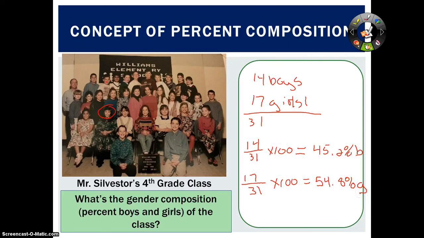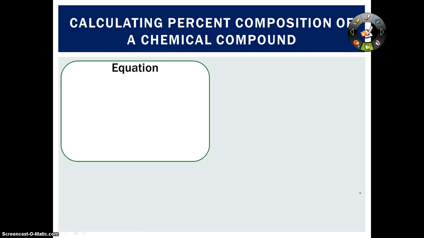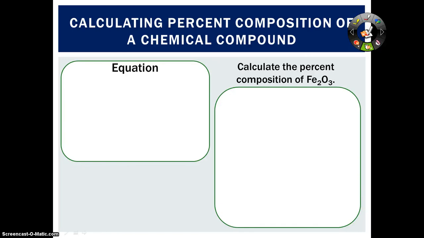girls. When we talk about percent composition in chemistry class, though, we're not necessarily talking about how many boys or how many girls are in this class. We're talking about the contribution by mass of each of the elements in a compound. So let's do an example. Percent composition in chemistry is often also called percent mass.